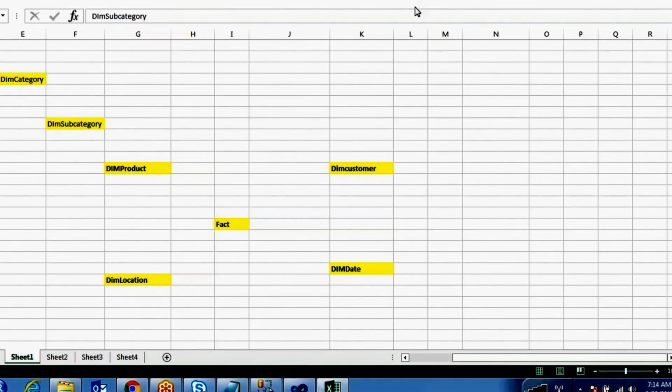On what columns? We have a category key. Whatever the category key we have, that category key we are going to maintain in the subcategory table.